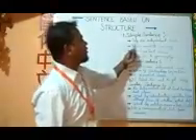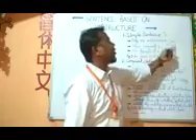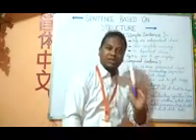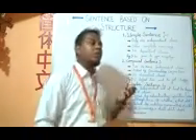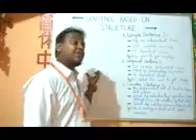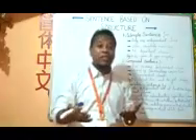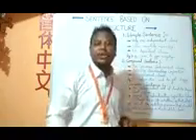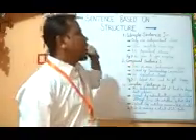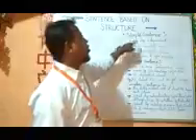The first point I have written: only one independent clause, which means the sentence written will have one independent clause only, which I have already explained is complete in itself.